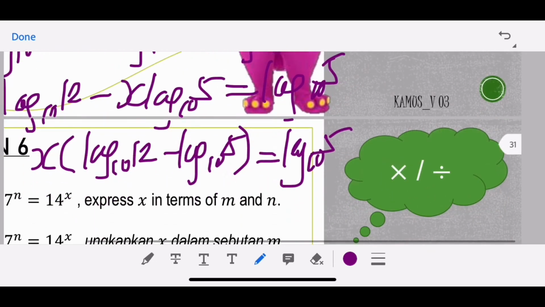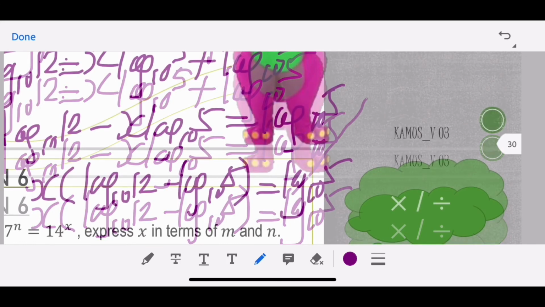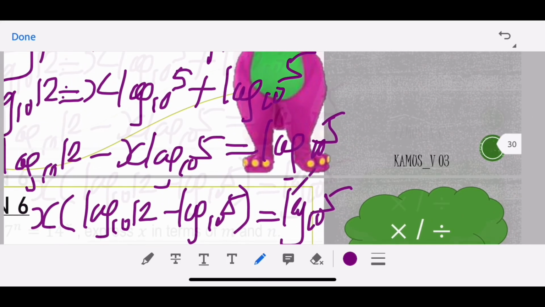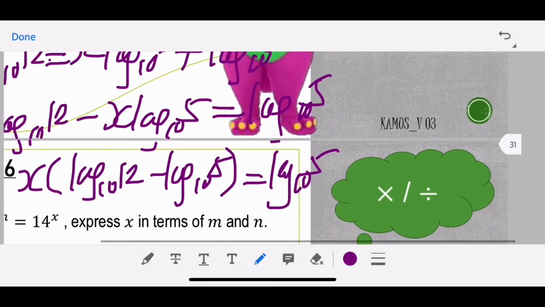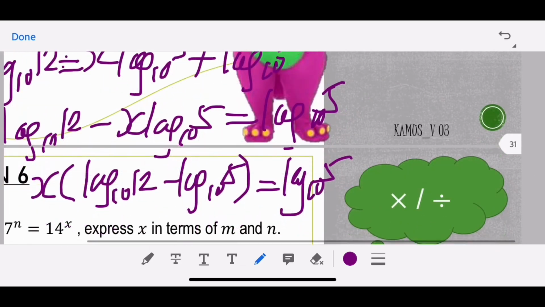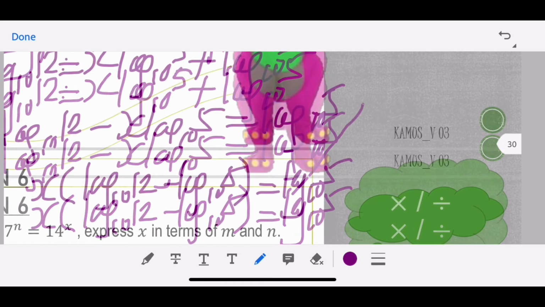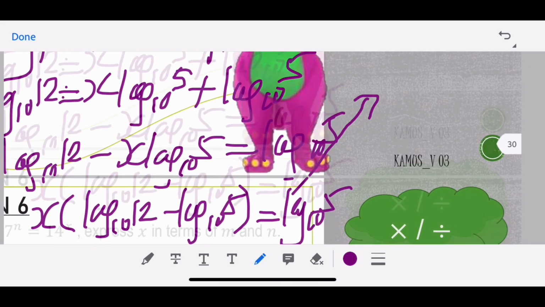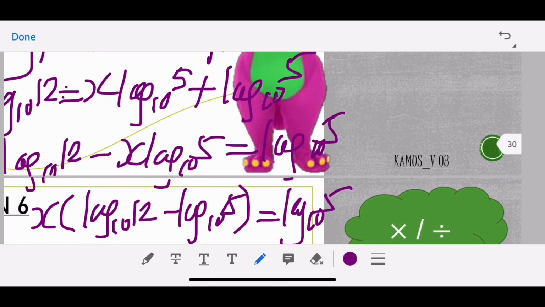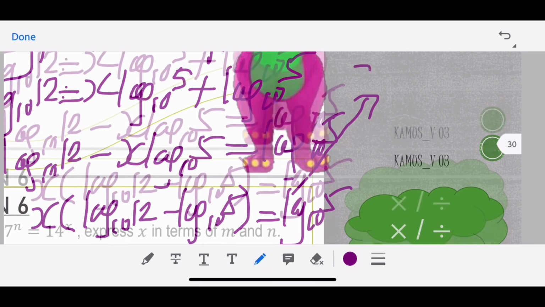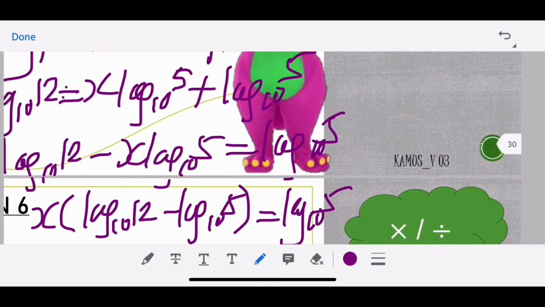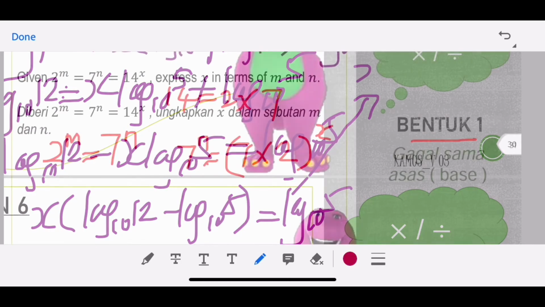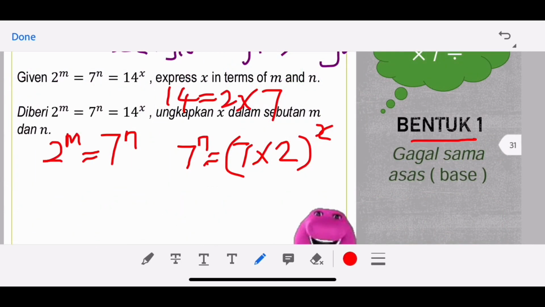So x is equal to log10 5 over (log10 12 minus log10 5). Now you can start to press your calculator at the final step. Make sure you put brackets before you press your calculator. So you press log10 5 over bracket log10 12 minus log10 5, and then you write the answer on your own.